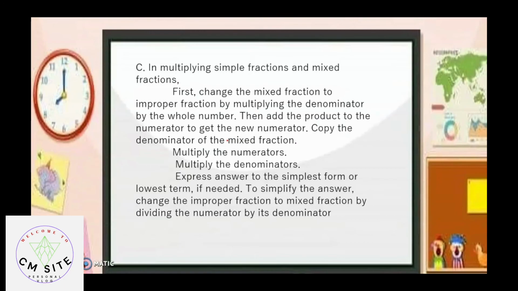And the third one, in multiplying simple fraction and mixed number, we need to change first the mixed fraction to improper fractions before we multiply the numerators and denominators.